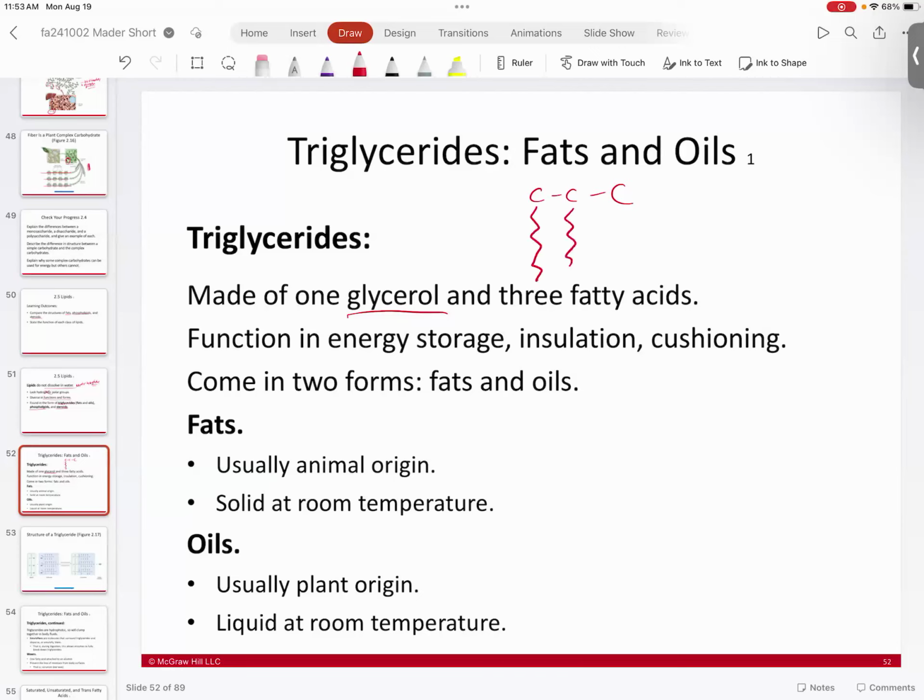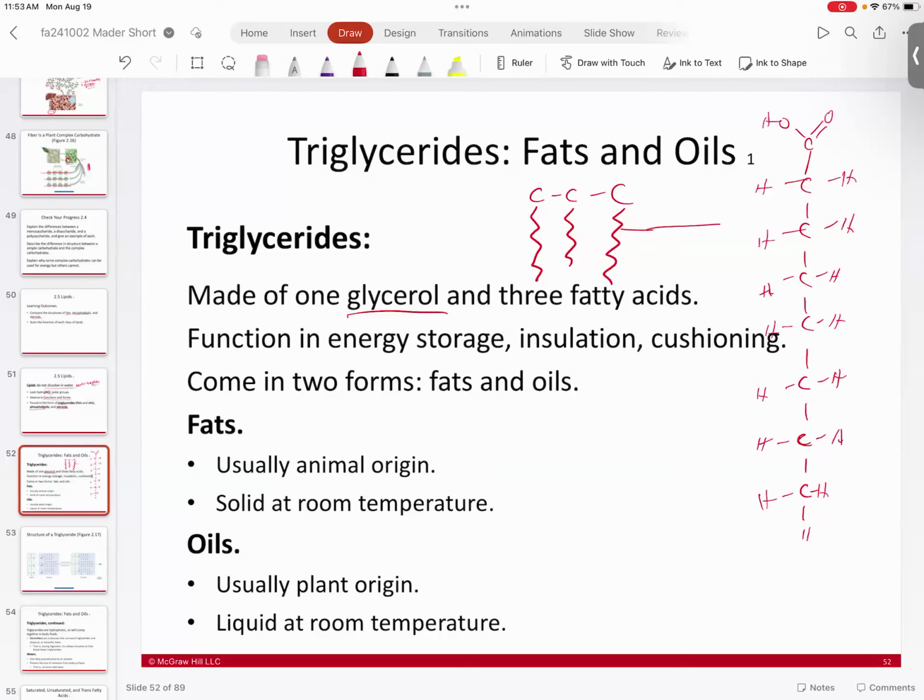A fatty acid chain is basically a long chain of carbons, all full of hydrogens, and it has attached to it an acid head group. That's a fatty acid. That's what these little chains look like. So the tri is because of the 3-carbon backbone and the 3 fatty acids associated with it.